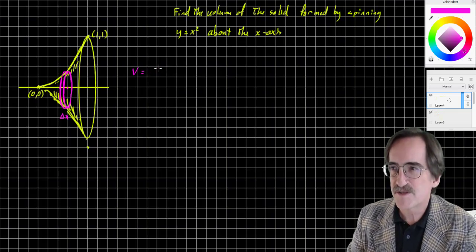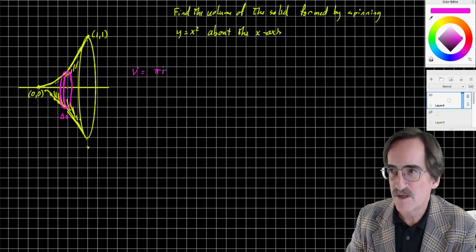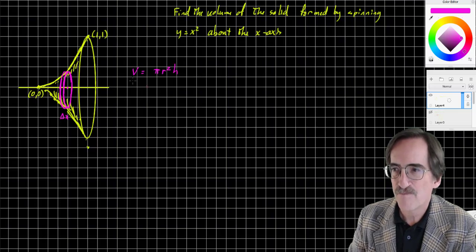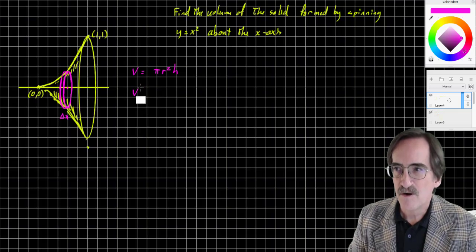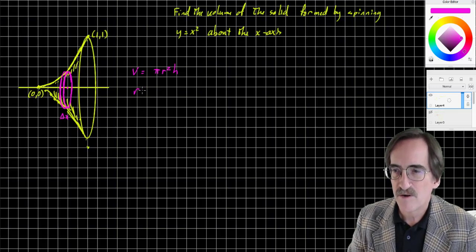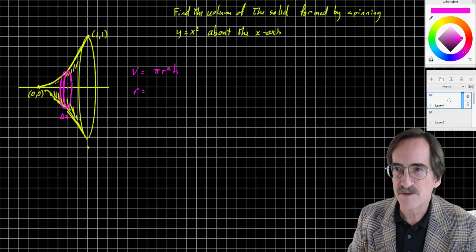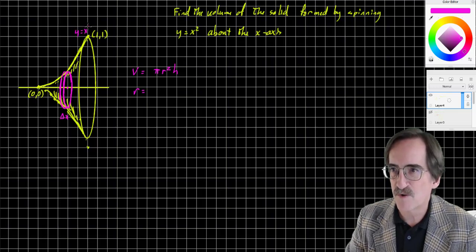Now the volume of a cylinder is pi r squared h, right? So in this case, what is r? R is the radius of the circle, which is defined by the function y equals x squared, right? So r equals x squared.